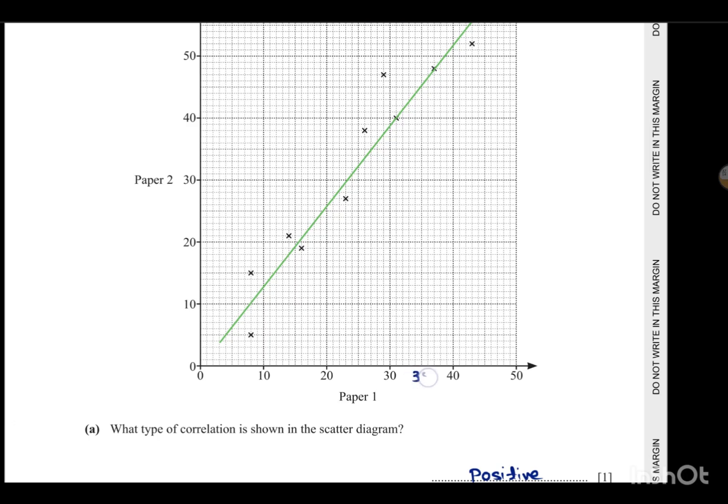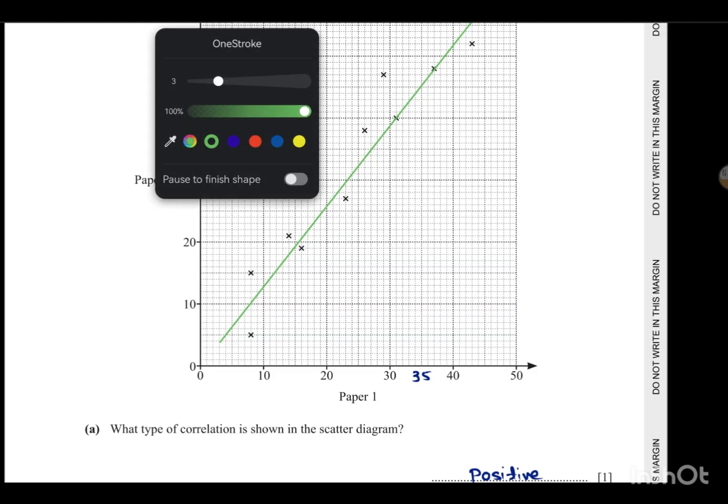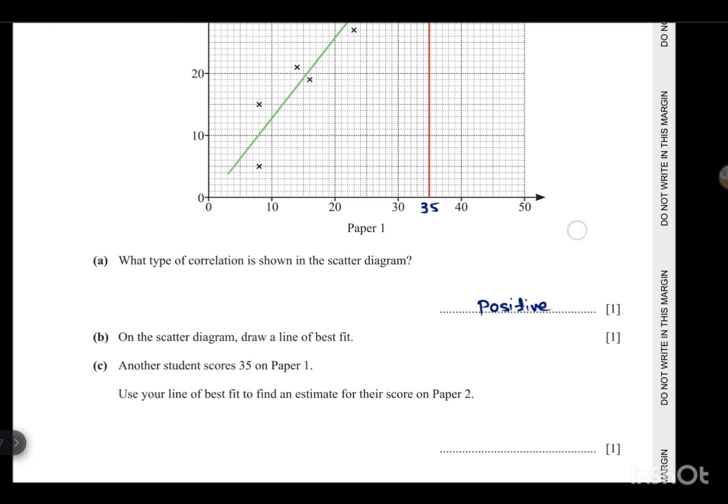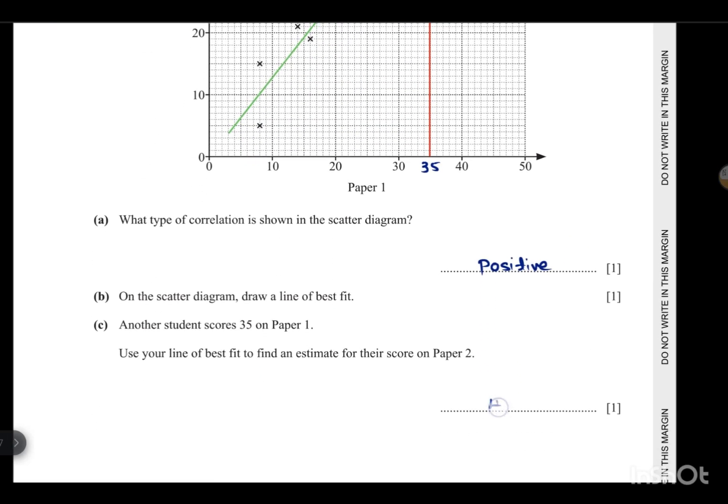This is 35 here, in between 30 and 40. Take your ruler and draw a line straight touching the line of best fit. Now this is exactly where, on the y-axis, that is paper 2, it's 45. So that will be our answer.